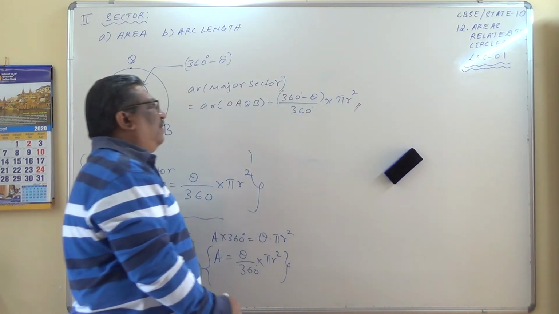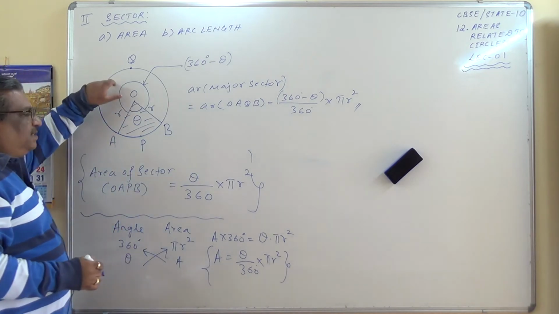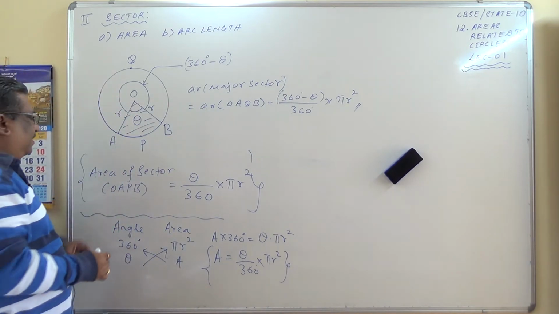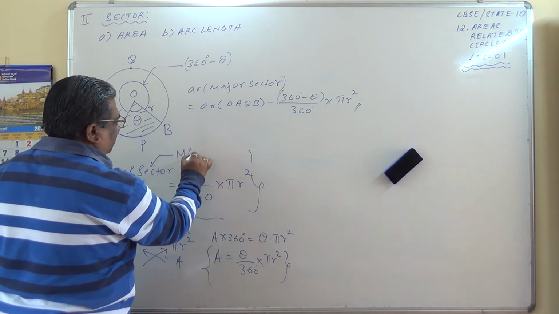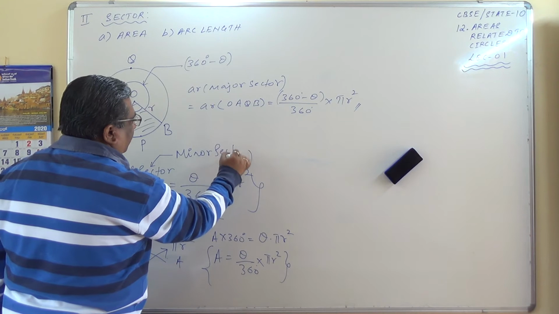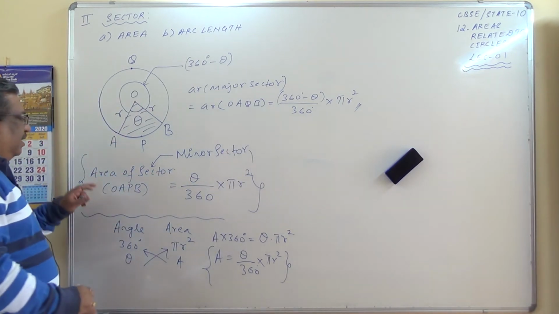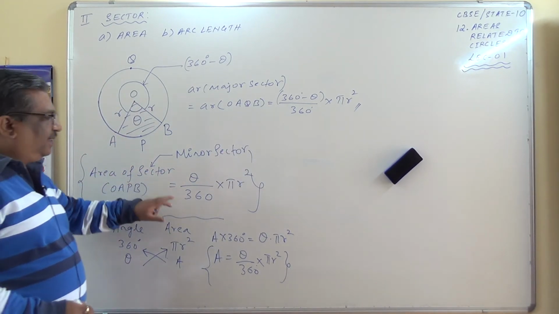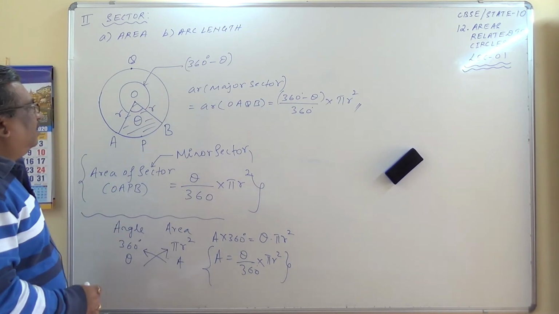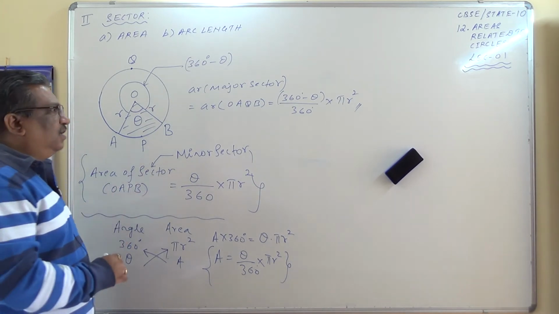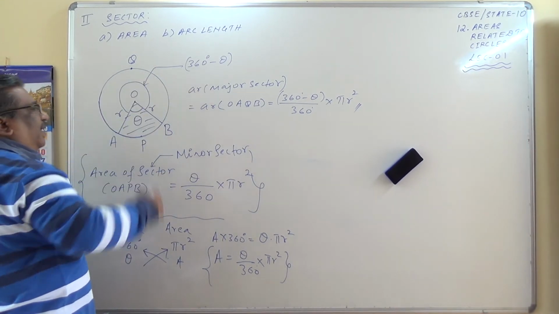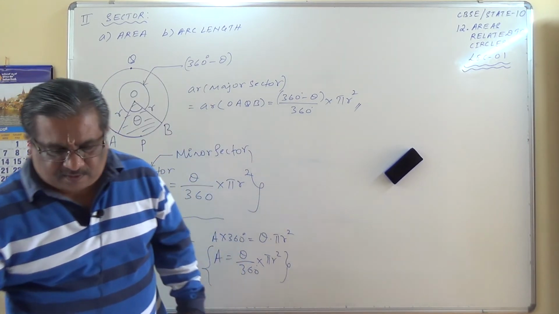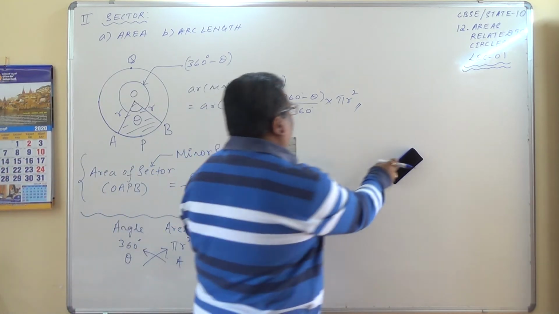So this is how we can find out the area of the major sector and also area of the minor sector. Please remember here, this is a minor sector, important. Minor sector. Area of the sector OAPB is equal to theta by 360 into pi r square. Now comes the arc length. So here there are two arc lengths, minor arc length and major arc length. So let us find out both arc lengths.